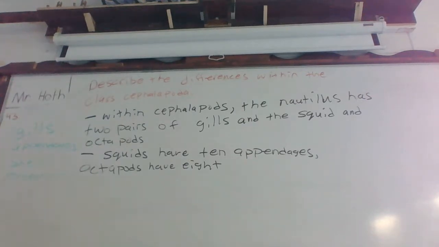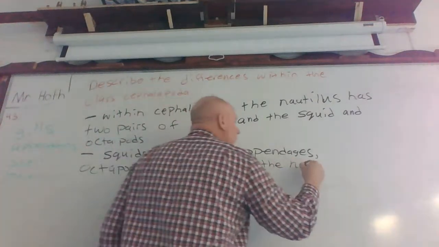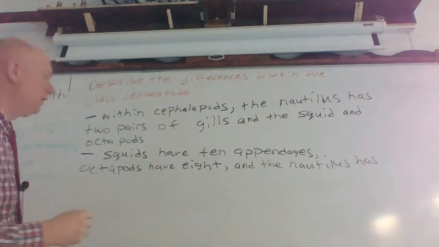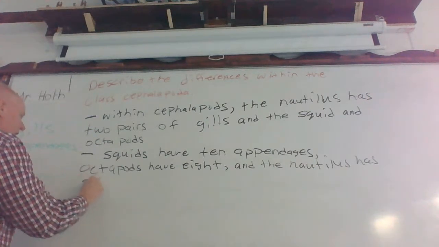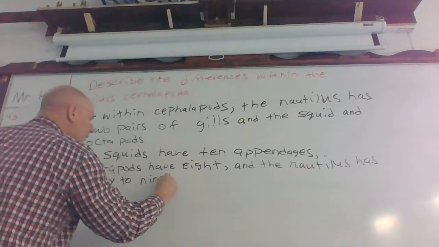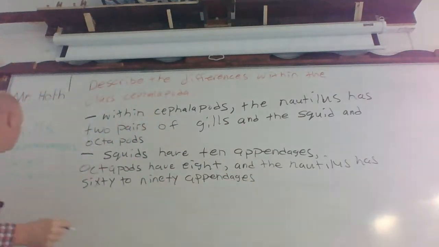Okay. So then, finally, what about the nautilus? It's crazy, isn't it? 60 to 90 appendages. Okay? All right. Now, what about the shell within this class? Octopods and squids, their shell is where?